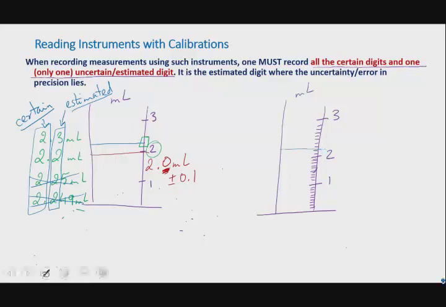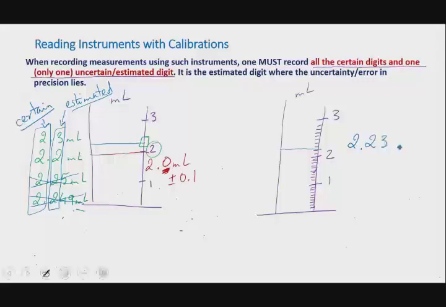Once again, you must have all the certain digits. So 2 is certain, but this time the next digit is also certain because we can read it directly from the instrument. We don't have to estimate at all to say that there is 0.2 as well. But there must also be one estimated digit.